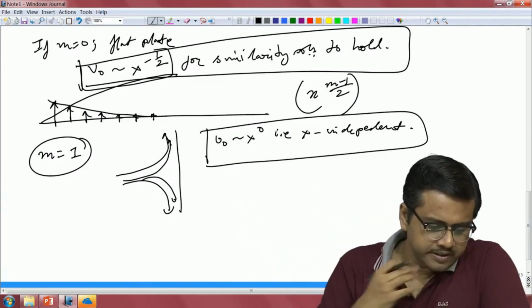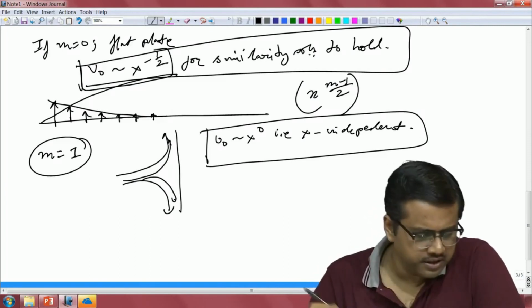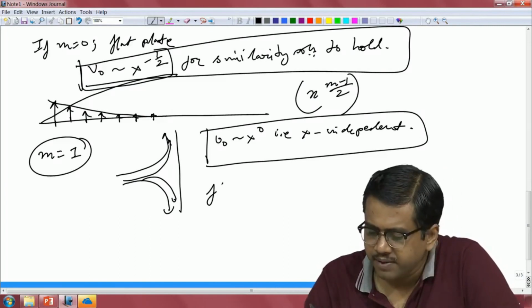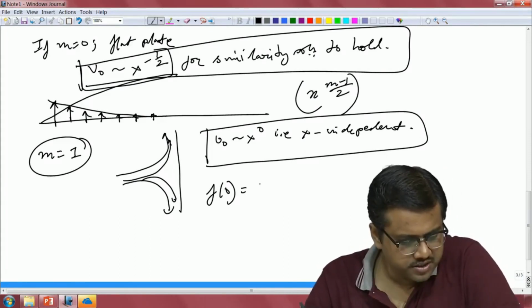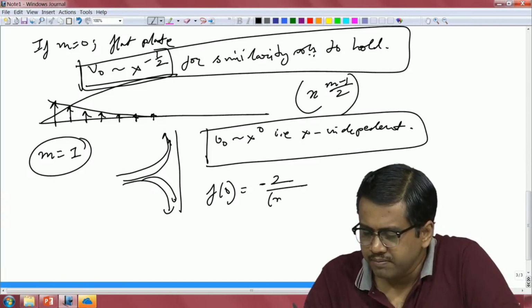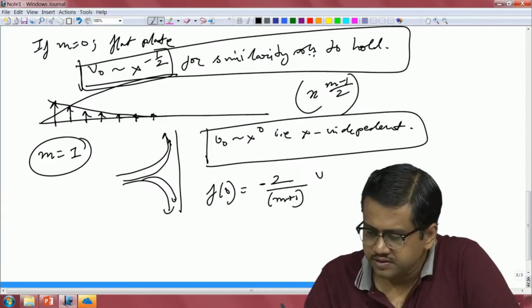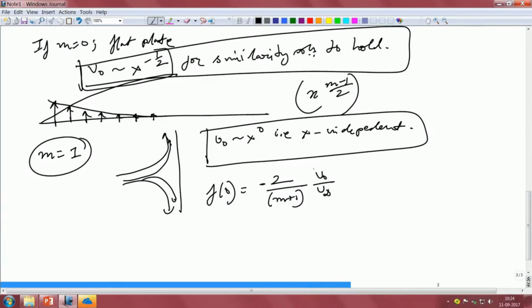So, in this particular vein, let us define a parameter called f naught, which is 2 by (m plus 1) times v naught by u infinity, times Reynolds number to the power of half. This particular parameter is called the blowing parameter.